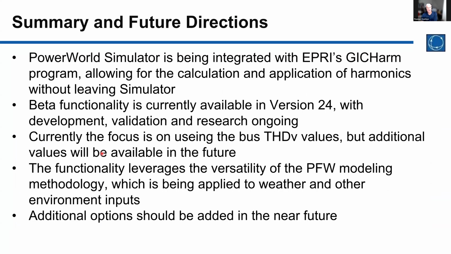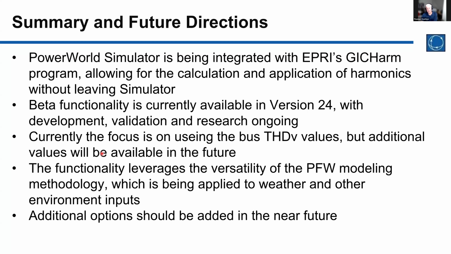Okay, so summary, this is integrated into simulator. I would put it in the stage of being beta functionality. It certainly progressed quite a bit over the last several months. I wouldn't say use this for operational studies quite yet, but it's getting very close to being used for that.